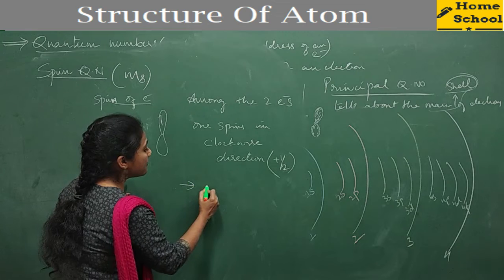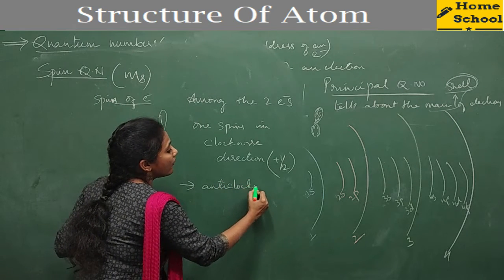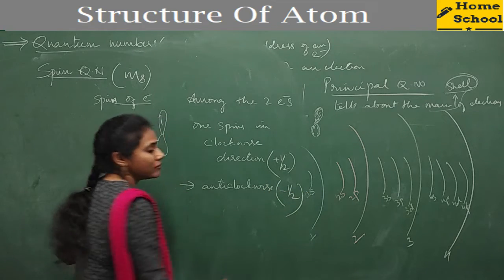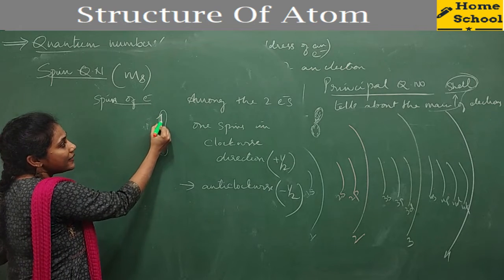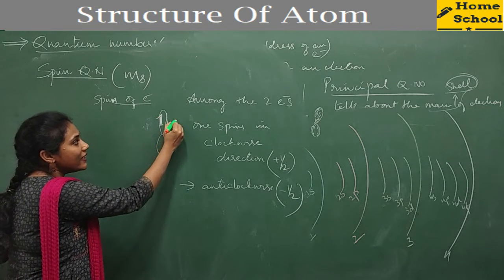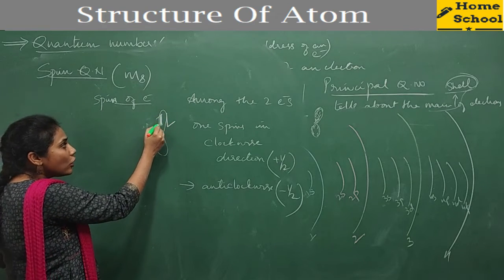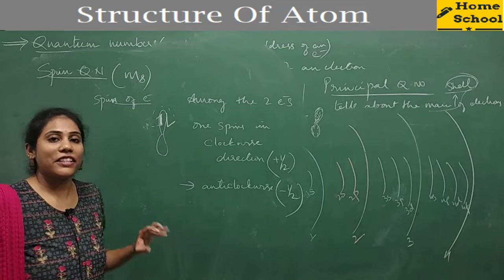And the one which is spinning anti-clockwise is indicated with minus half. So among the 2 electrons, one is represented like this, another one is represented like this. That means this is moving in a clockwise direction and this is moving in an anti-clockwise direction.